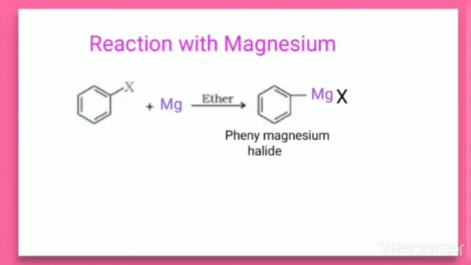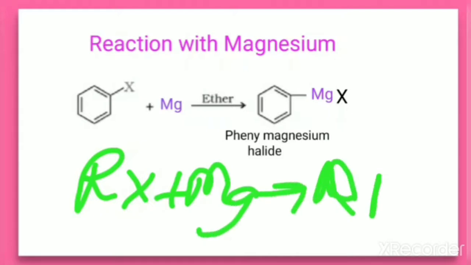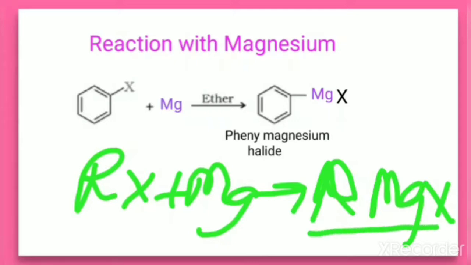Next reaction is the reaction with magnesium. As we discussed this equation in the case of haloalkane, that is RX plus Mg gives rise to RMgX. So this reaction we have already discussed in the case of haloalkane. It results in the formation of an organometallic compound, which is called Grignard reagent.